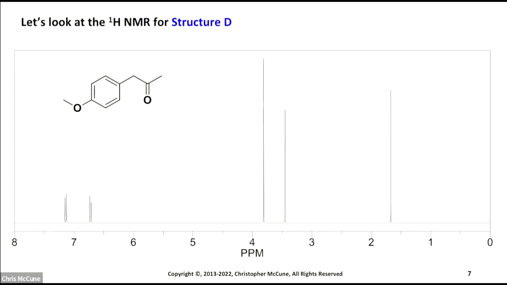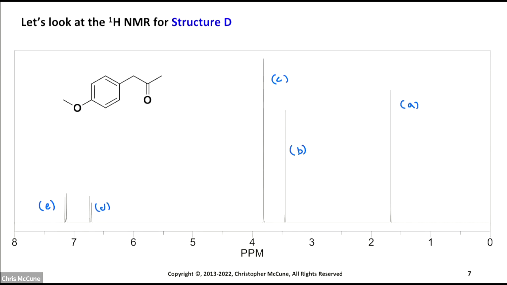So here is the NMR for structure D, and you can see here that we've got 1 signal, 2 signals, 3 signals, 4 signals and 5 signals, right? Because there's 5 unique sets of hydrogens. There should be 5 unique signals in the NMR.